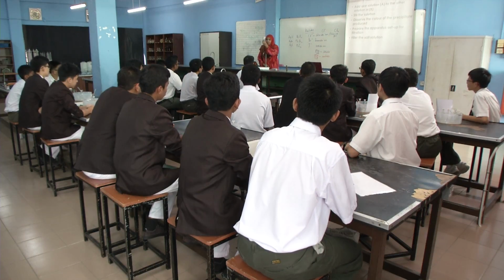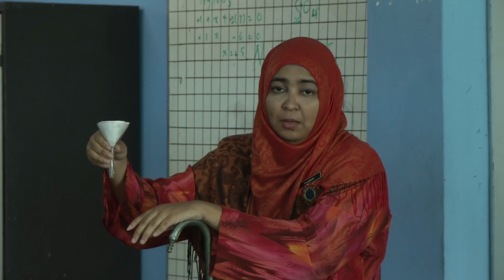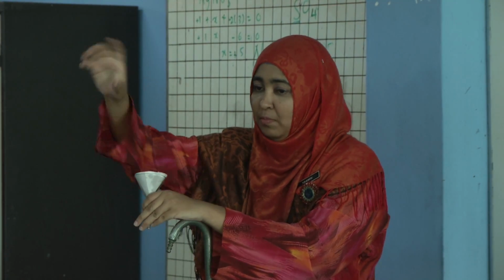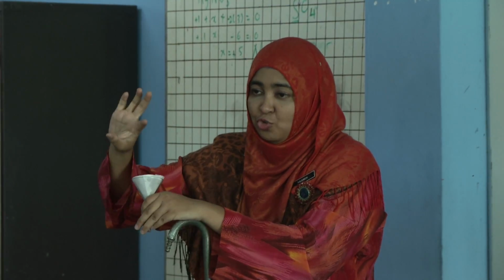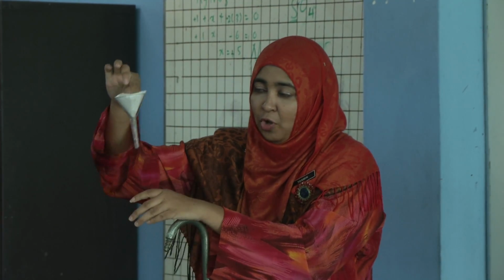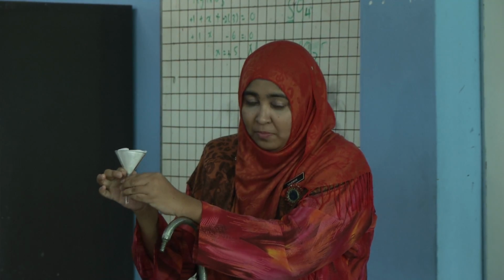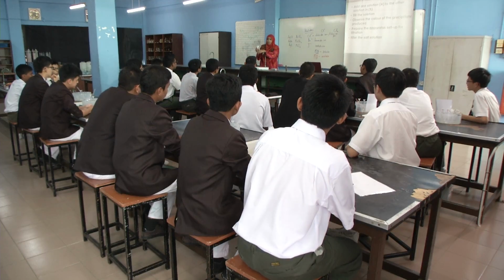Okay, clear? And then you place it in the beaker. And then you start to pour. When you pour your two solutions, after that, you pour the solutions in this filter funnel and filter paper. And let gravity do its job. Okay, clear? Yes. Okay, you can start your experiment now.